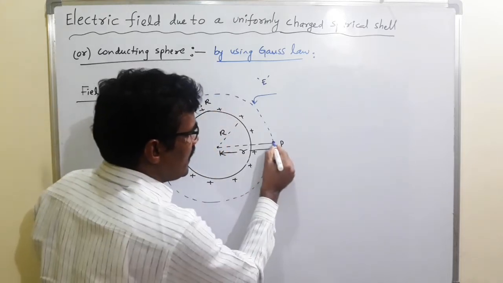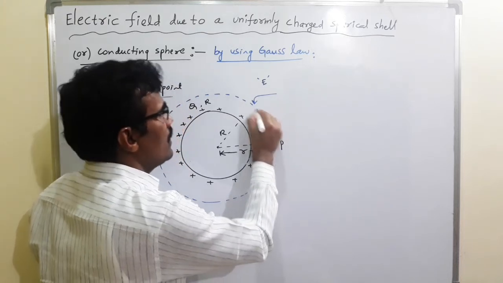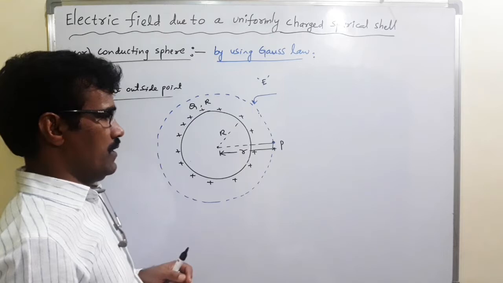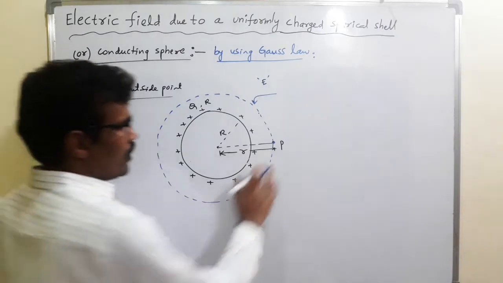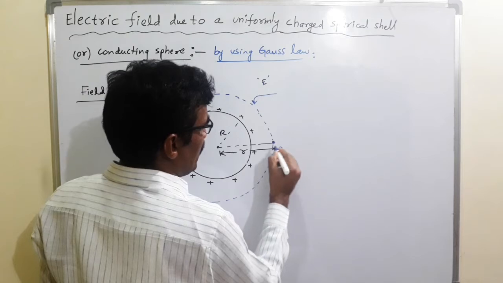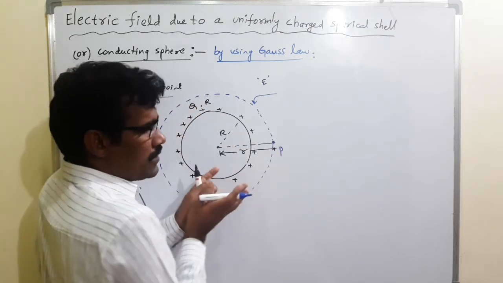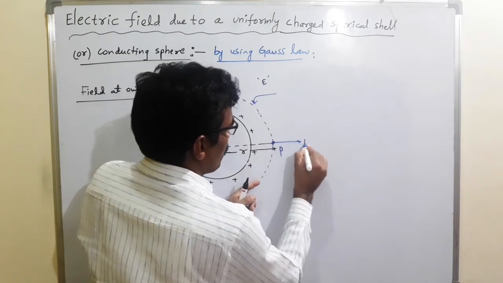Suppose here the field is E, here E, here E. What is the field direction at point P? This is a positive charge, so the field is radially outward.